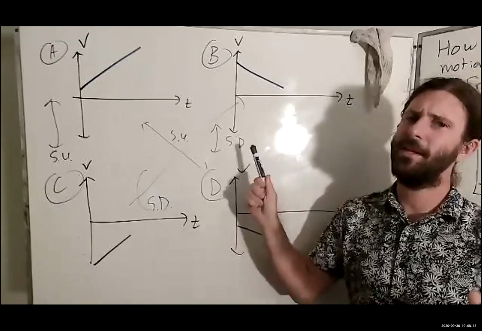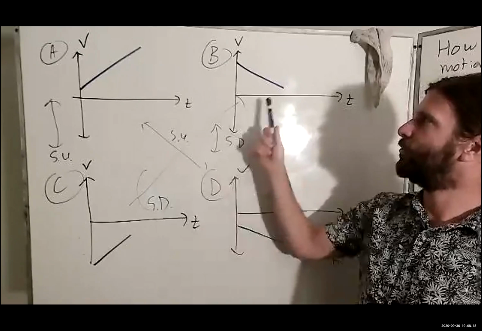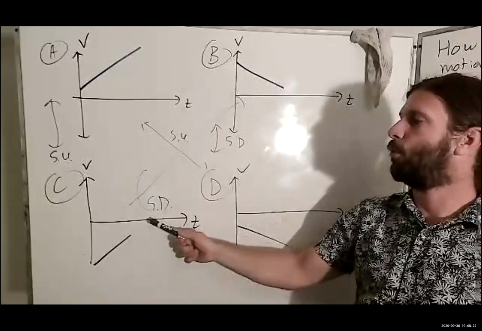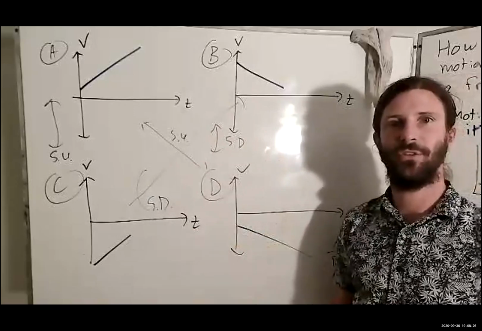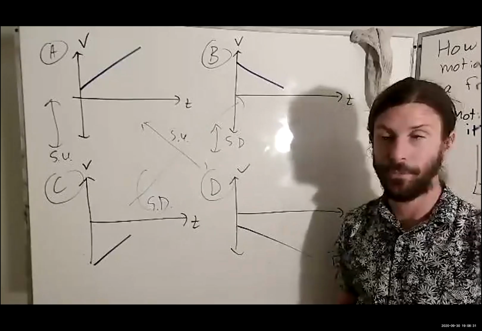These two, it's a little easier with these two, I think. These two are slowing down because what's happening to the speed? The speed is trending towards zero. If something's speed is going to zero, that means it's slowing down, right?